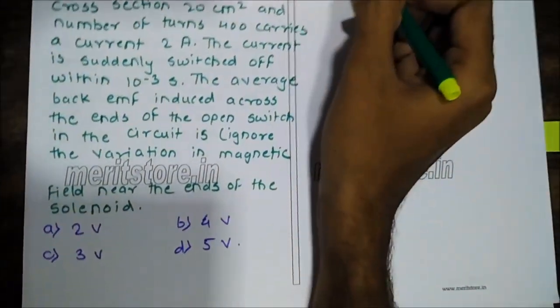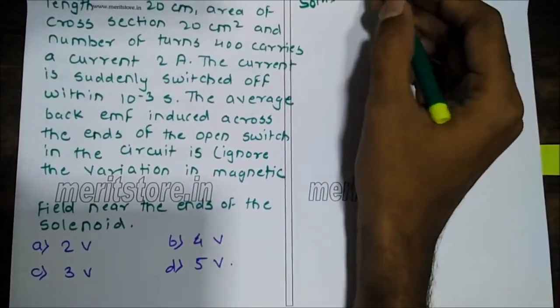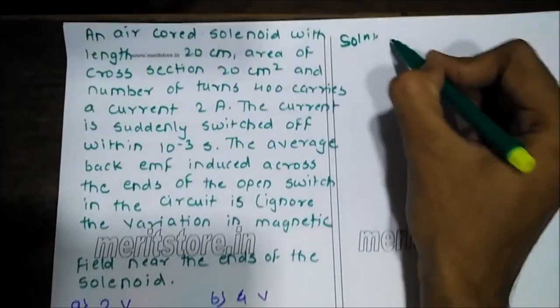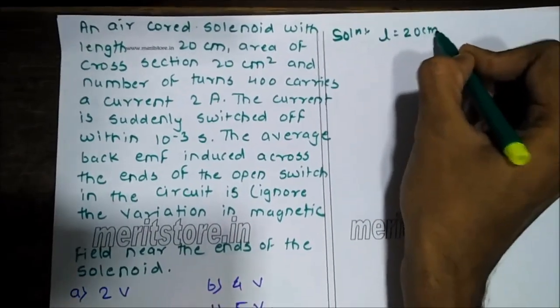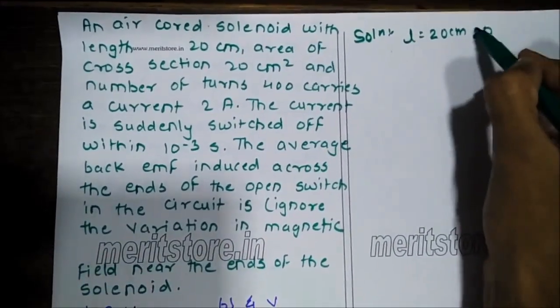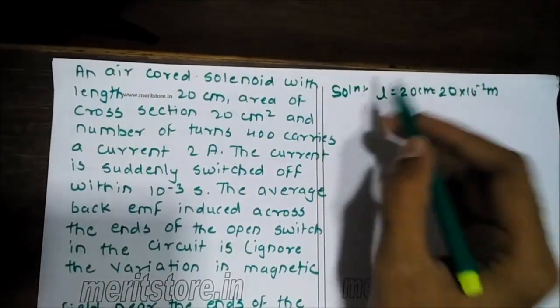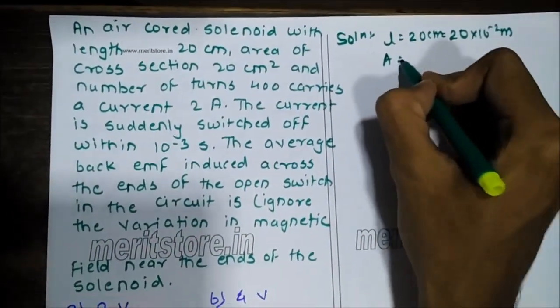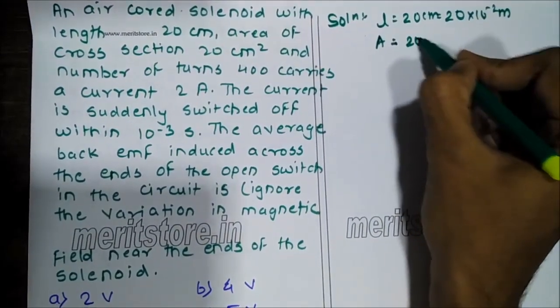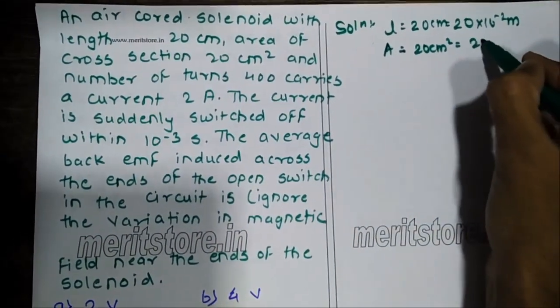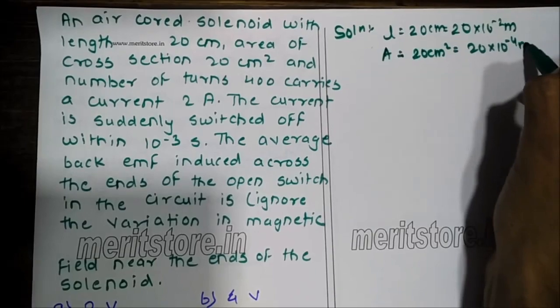Okay, so what we have given here is the length L, which is 20 centimeters, that comes out to be 20 into 10 raised to minus 2 meters. Okay, next we have the area A, which is 20 centimeters square, that is again 20 into 10 raised to minus 4 meters square.